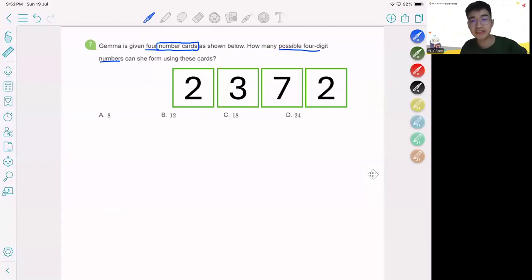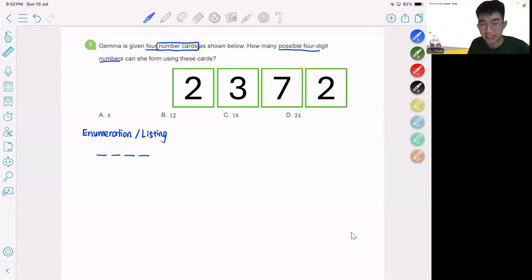Okay, so I will introduce two methods to do this. The first way is enumeration, or in other words, listing. Some of you probably have learned of this method called the dictionary arrangement method. We are simply going to list things out in order from small to big. We have four digits, so let's start by choosing the smallest digit for the highest place value.